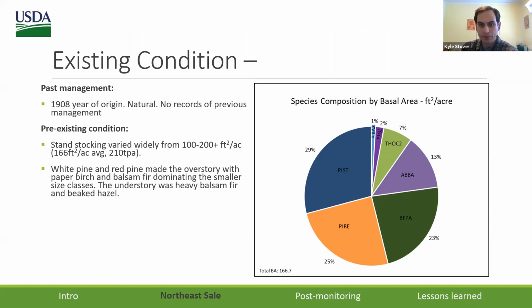But when you look at the overstory structure from our pre-cruise and stand exam data, we're really looking at a true mixed pine stand dominated by red pine and white pine, but also with a very heavy component of paper birch, cedar, white spruce, jack pine, and balsam fir. For a pine site in northeast Minnesota, this isn't that unlikely from what I would expect in a natural stand.